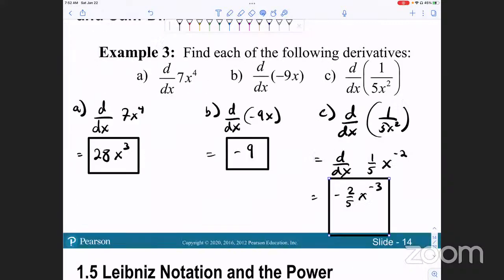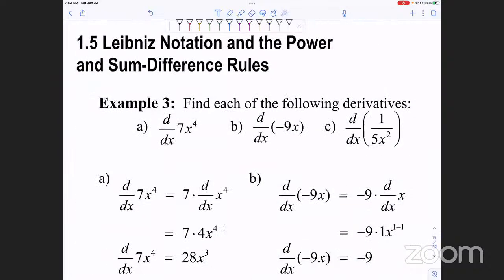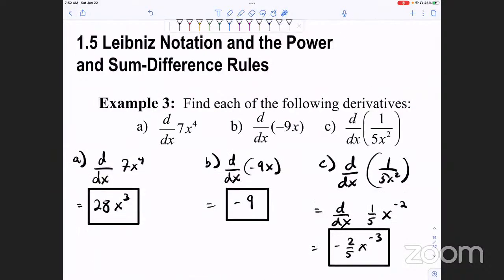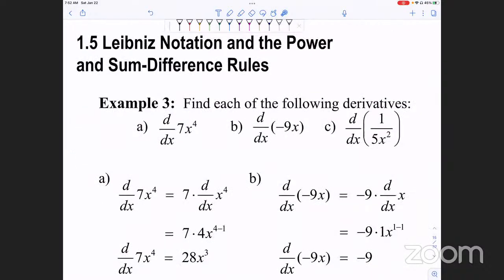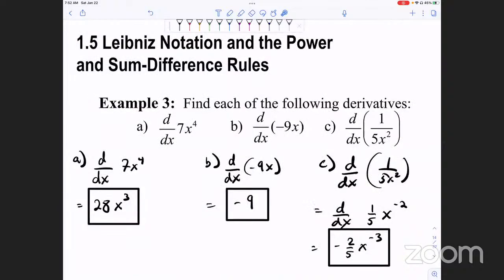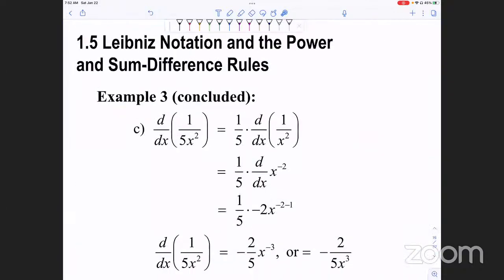Generally we write exponents as positive, so we move it to the denominator rather than leave a negative exponent.